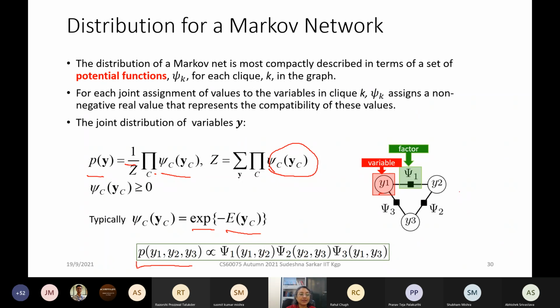We can say the probability of y1, y2, y3 is a product of the potential function of y1, y2, the function on y2, y3, and the function on y1, y3. So we take some cliques and we express this probability as proportional to the product of the potentials of these cliques. So we want to add a normalizing factor so that it can be treated as a probability distribution.